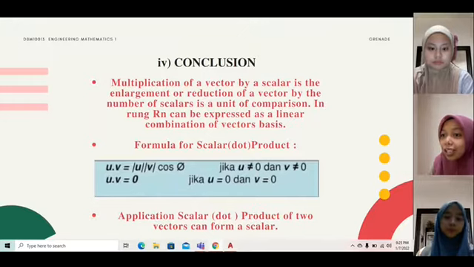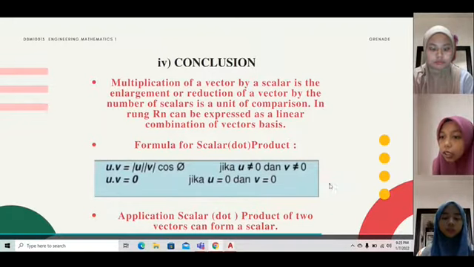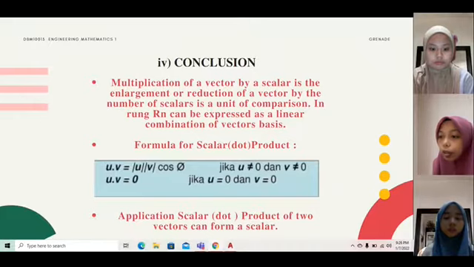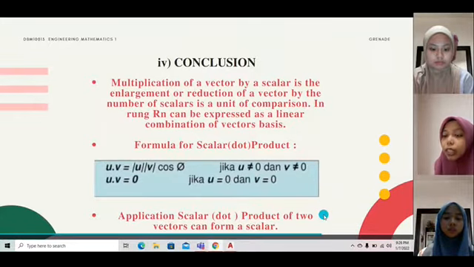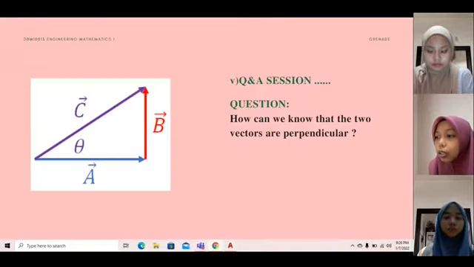In Rn, a vector can be expressed as a linear combination of basis vectors. This is the formula for the scalar dot product, and the application of the scalar dot product of two vectors forms a scalar. Okay, that's all. I will pass it to Aisyah and Diyana to continue the Q&A session. Thank you.